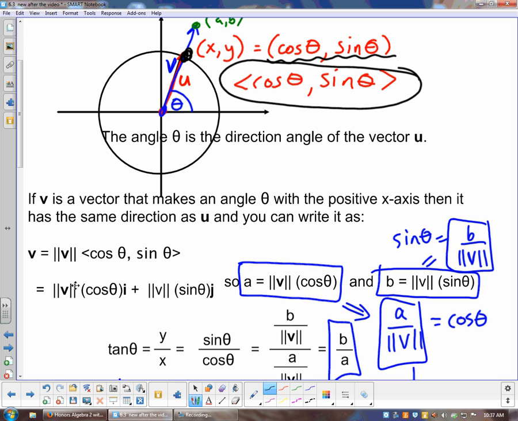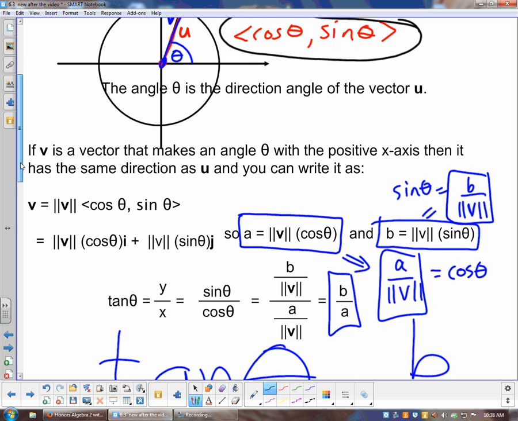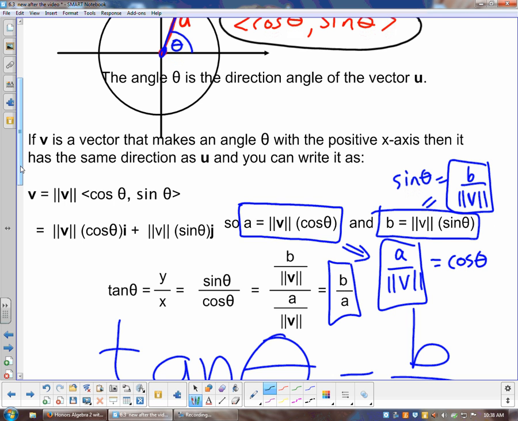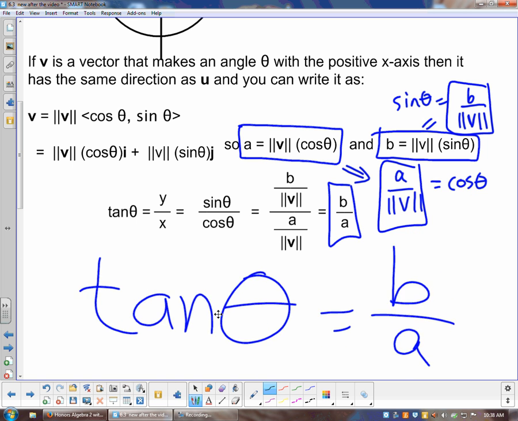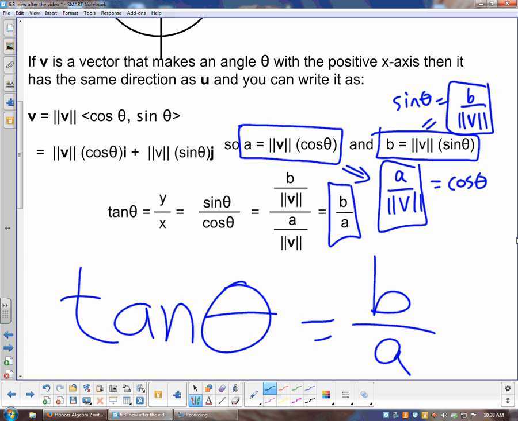That is, the magnitude of v times cosine of theta times the unit vector i, plus the magnitude of v times sine of theta times j. This is all a long-winded explanation for why we can write, and I've got it written really big because this is the important part, that the tangent of theta is always going to be equal to b over a. If you want to see where this comes from, you can follow along with this.